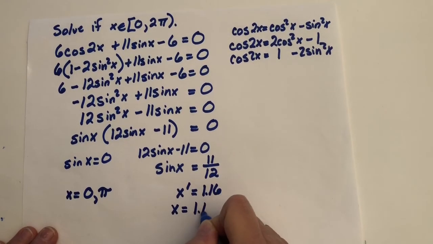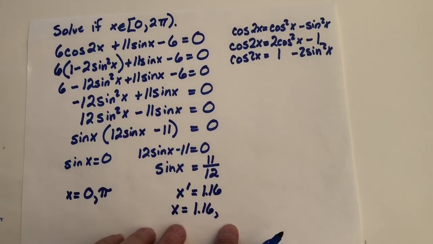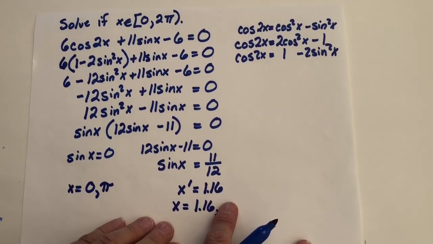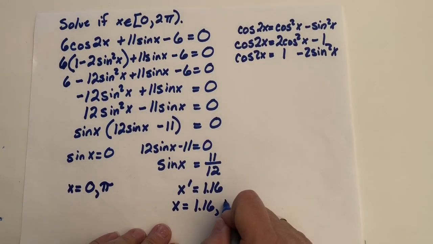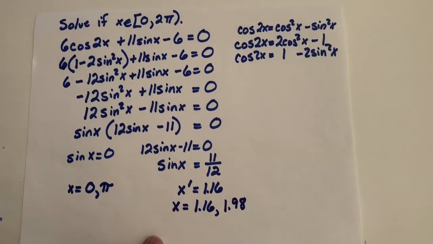So 1.16 is a first quadrant solution, and we need our second quadrant solution, so we have pi minus 1.16, so that we would be in our second quadrant, and you'll have 1.98 as your second solution.